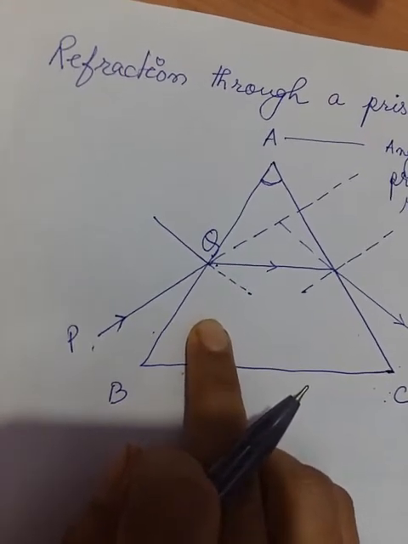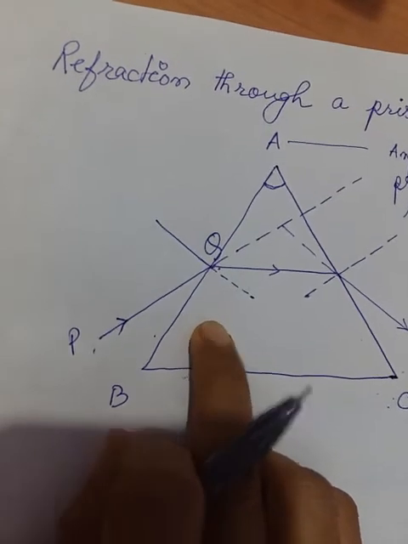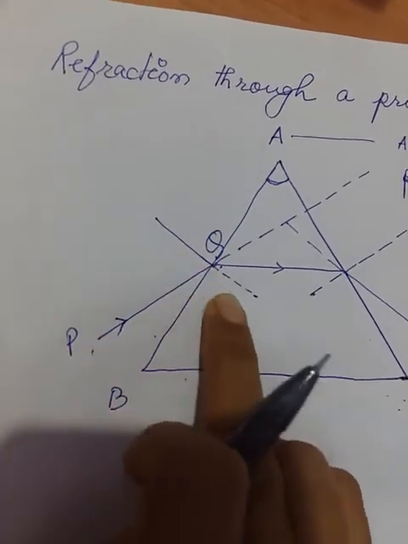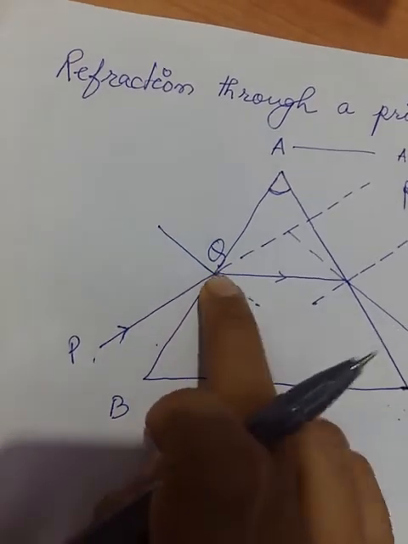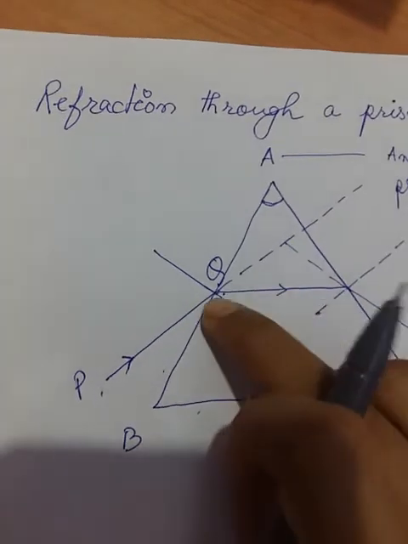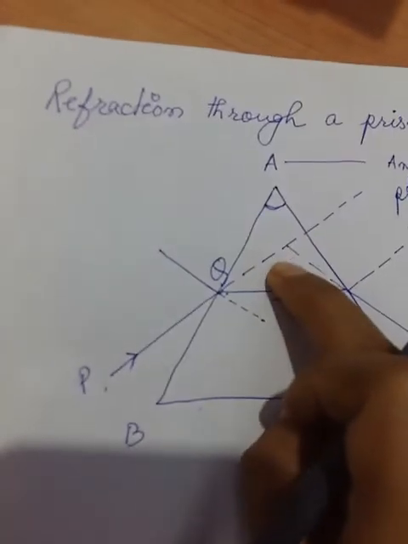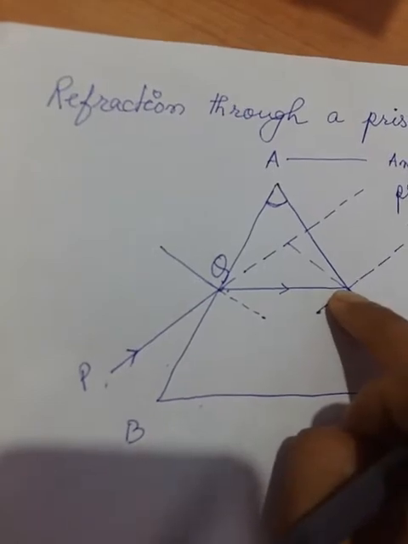If it goes from rarer to denser, then it bends towards the normal. This is your normal and this is the original direction of the incident ray. So it bends towards the normal and comes along this particular direction.